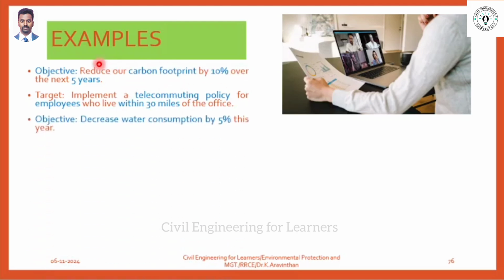Now the next objective is to decrease water consumption by 5%. In the last class, I discussed how Microsoft spends water: how much water they spend, how much corporate water, bore water, then sea water, etc. In order to reduce that, if they set a target for 5%, they can install low flow toilets.